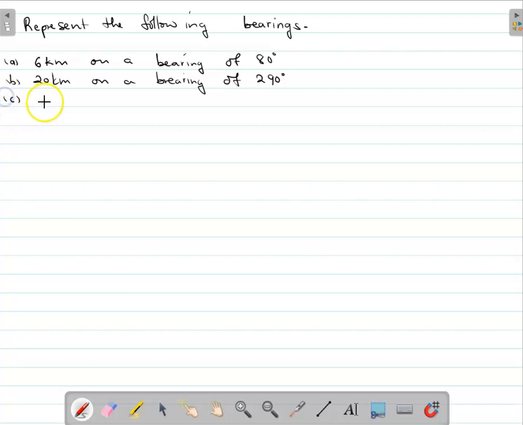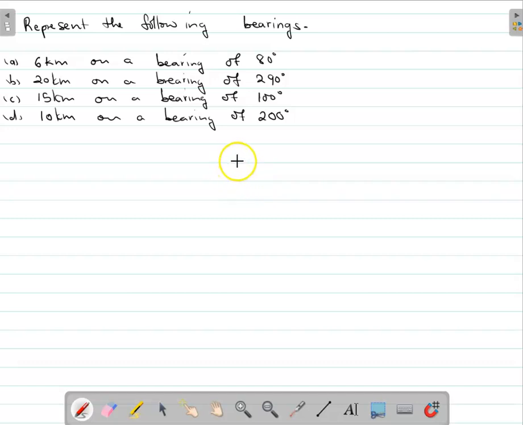And C, 15 kilometers on a bearing of 100 degrees. And then D, 10 kilometers on a bearing of 200 degrees. Alright, so let's look at these four.